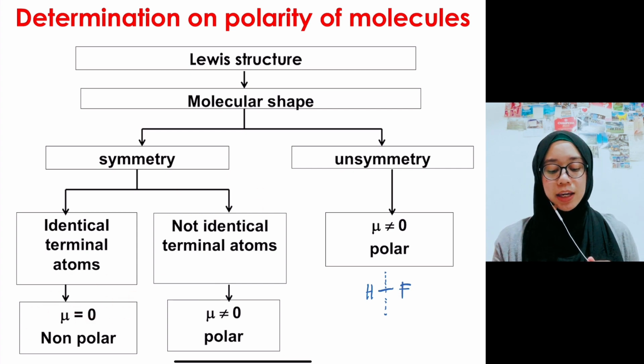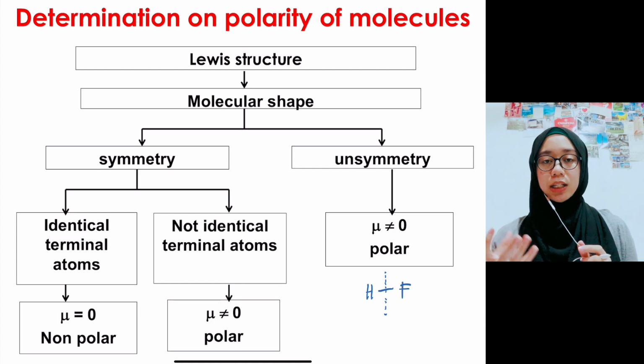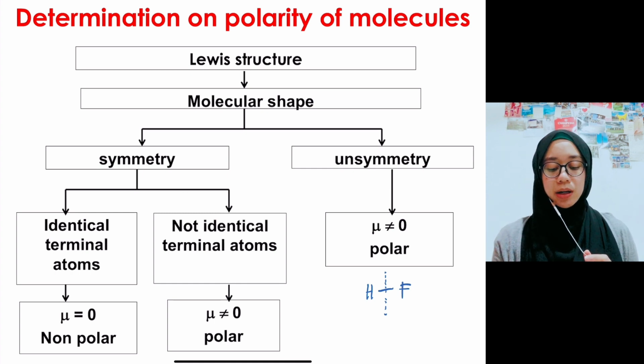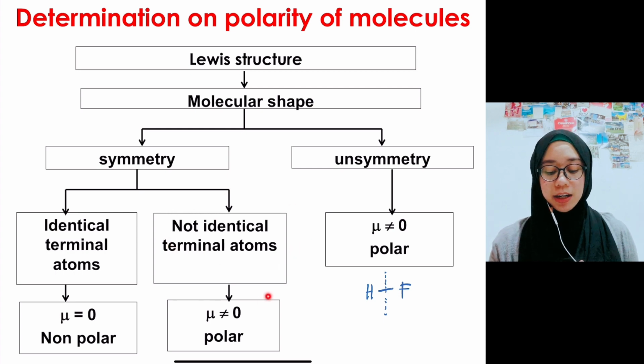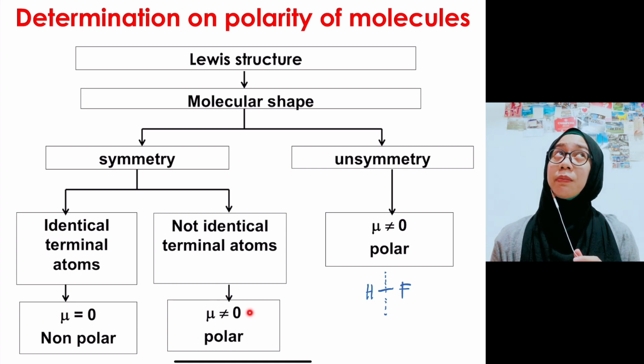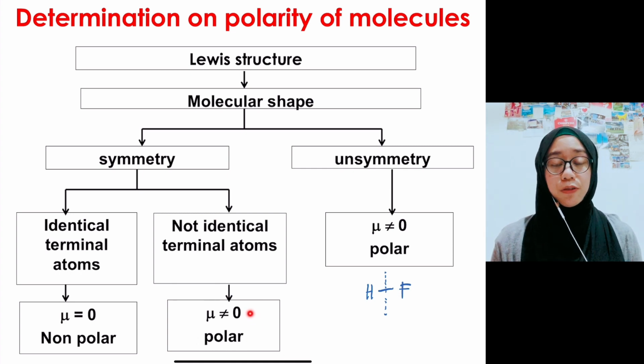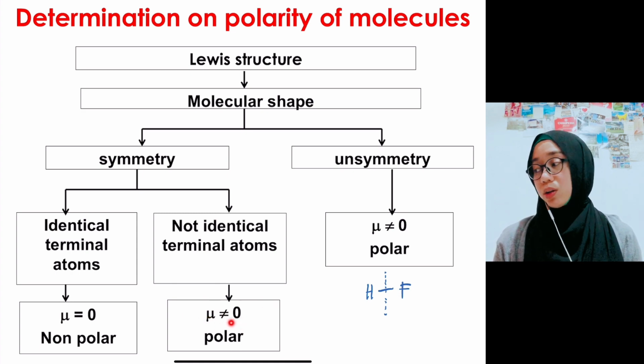But if kamu ada molecular shape yang basic tu, but one of the terminal atoms adalah berbeza, itu akan considered sebagai the dipole moments cannot cancel off one another. Therefore it will be considered as a polar molecule because the resultant dipole moment does not equal 0.